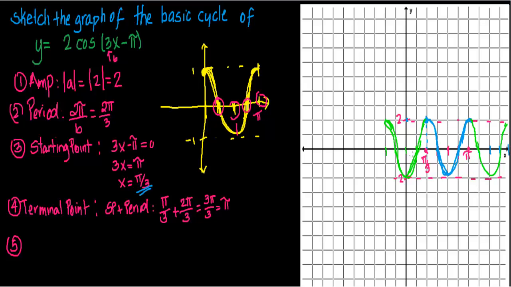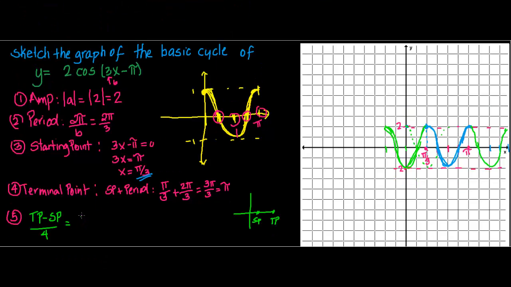So if I want to know what these values are between the starting point and the terminal point, I would subtract the terminal point minus the starting point and divide that into 4 because I'm dividing it into 4 intervals. The terminal point we said was pi minus the starting point, which is pi thirds, and everything divided by 4.